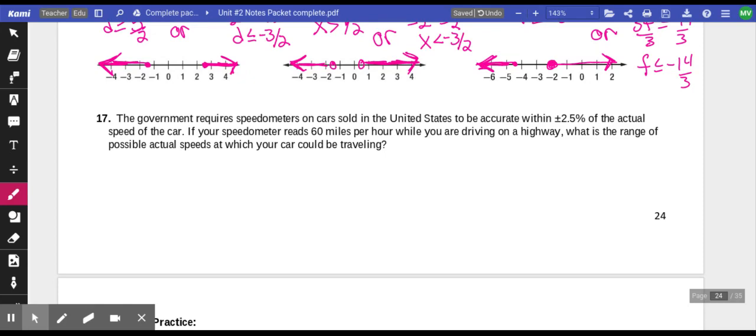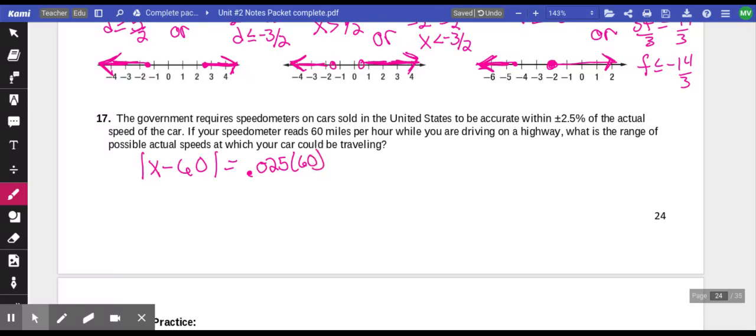So again, we're going to do the absolute value of x minus 60, because that's how fast I'm driving, is equal to 2.5%. Now, it's not really equal to 2.5%, but it's equal to 2.5% of the actual, 2.5% times 60. So that's going to be 0.025 times 60.